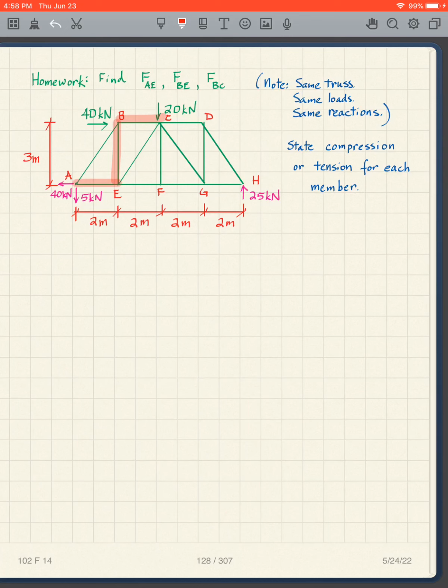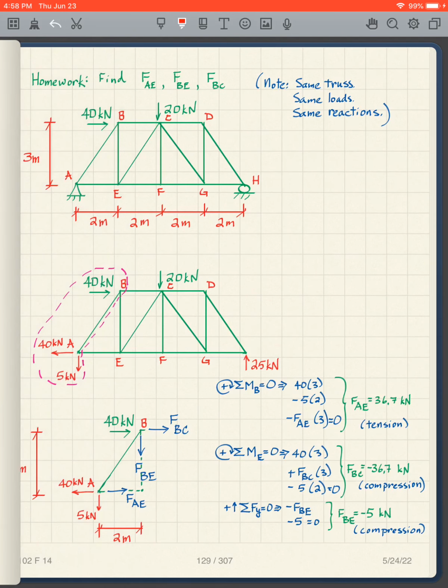So you want to do this with one cut. I'm just going to give you a hint here. Figure out how you can make one cut and get all three of those members. Okay, pause the video, and you need to find the forces in those members.